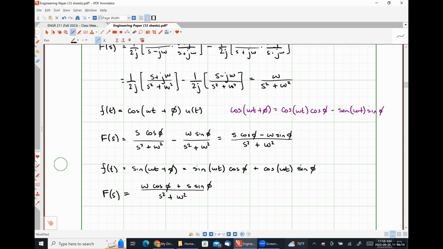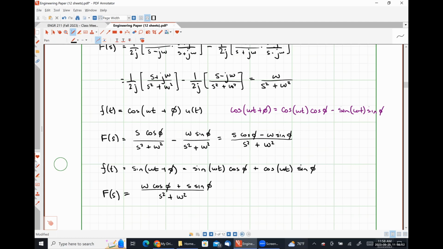An RLC circuit will have an impulse response h of t in the time domain that can be converted into its Laplace transform, capital H of s. In the meetings from last week, we found that convolving an input function x of t with the unit impulse response h of t gave us the output of that signal.